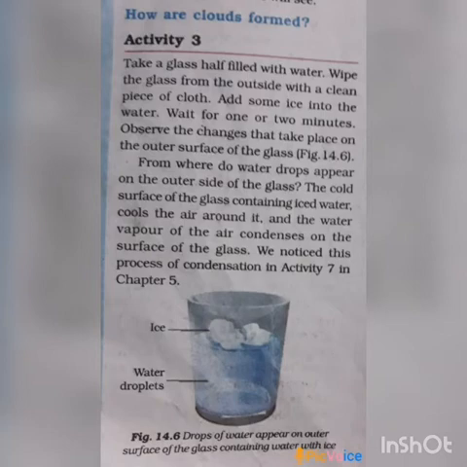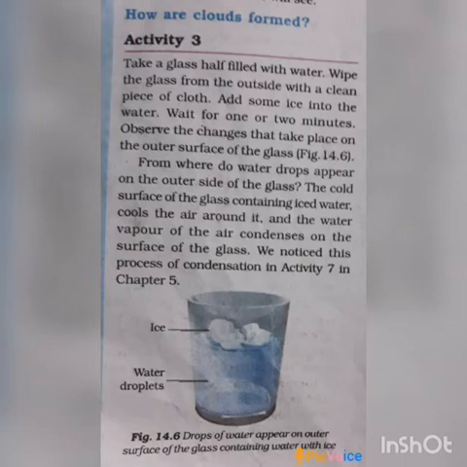It forms water drops. This is known as condensation. The conversion of water vapor into water is called condensation. Already we have studied this condensation process in activity 7 in chapter 5. Isn't it, children?